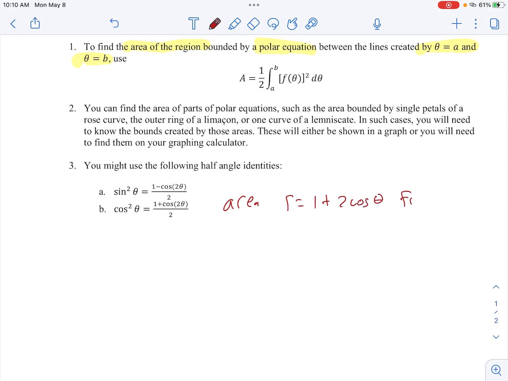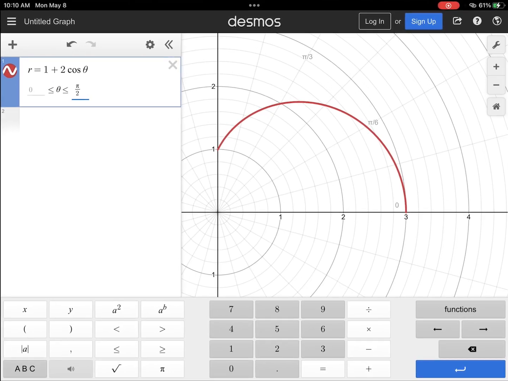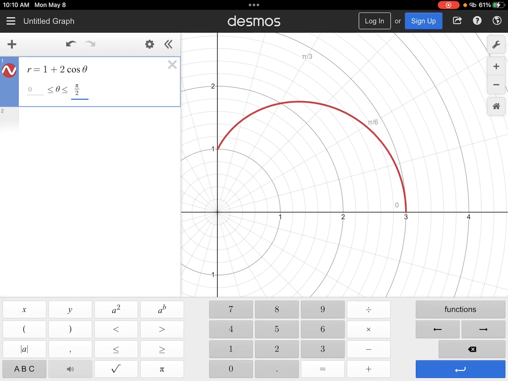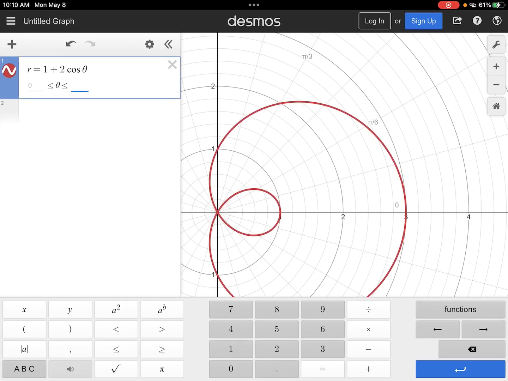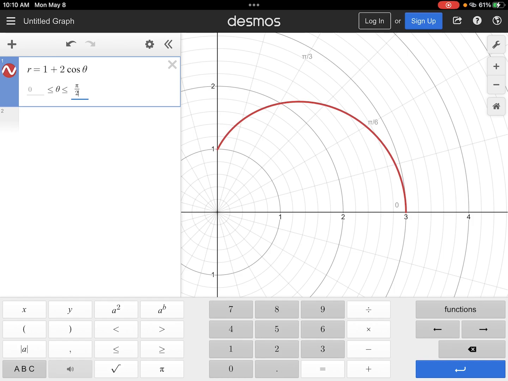And we want to find the area from theta equals 0 to theta equals pi halves. All right, here's a picture of this lemniscate without stopping at pi halves. And then if we're going to stop at pi halves, we only want that area.